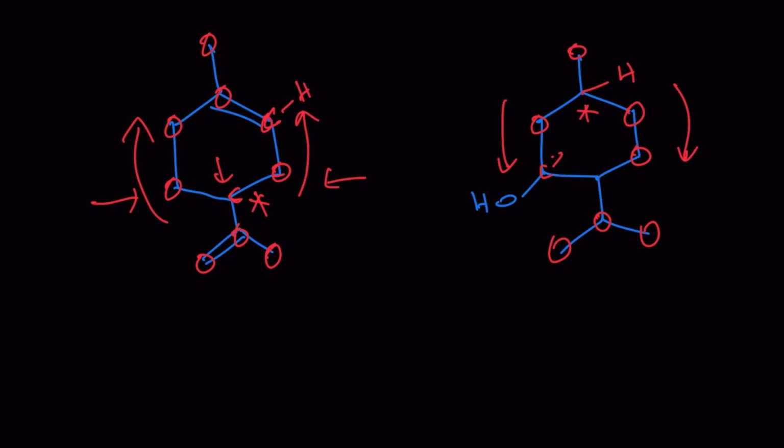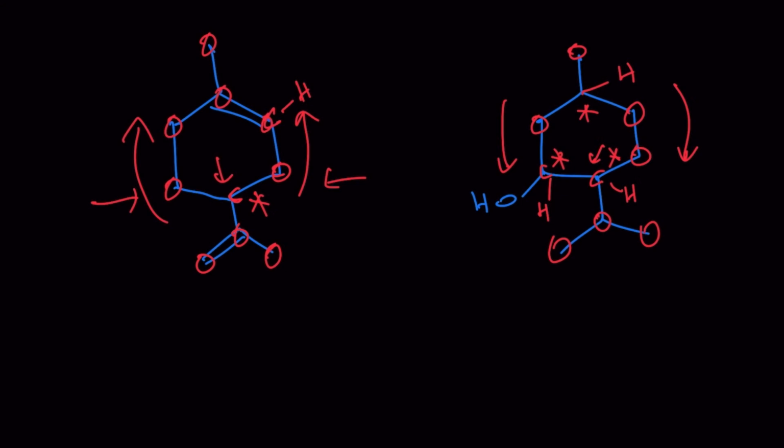How about this carbon? Is this chiral? Yes, it is chiral because we have hydroxyl group and then a hidden hydrogen, and then we have carbon and then hidden hydrogen here. So CH, this is CH2, and therefore this is chiral. How about this carbon? Is this chiral? Yes, it is.